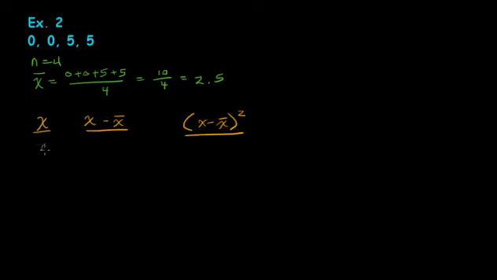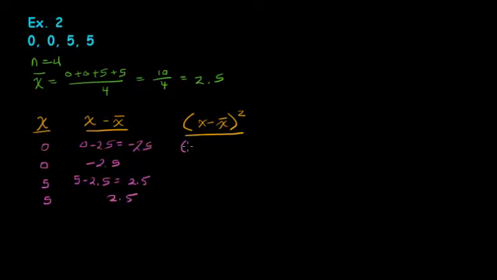Okay, we had 0, 0, 5, 5. So 0 minus 2.5 is negative 2.5. So this one's negative 2.5. And 5 minus 2.5 is positive 2.5. And this one is too.